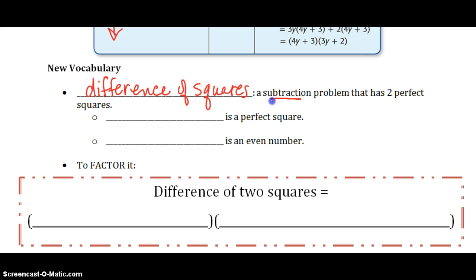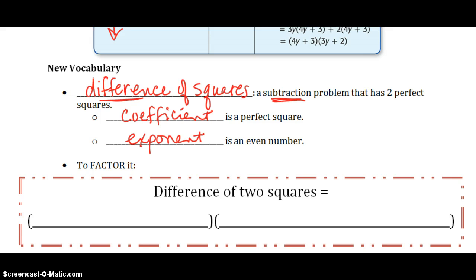which is always going to be a subtraction problem. That's what makes it difference. And they have perfect squares that are being subtracted. All right, the coefficient has to be a perfect square, and the exponents have to be even numbers, which you know, because if it's an x to the third, then it's not going to have a perfect square.